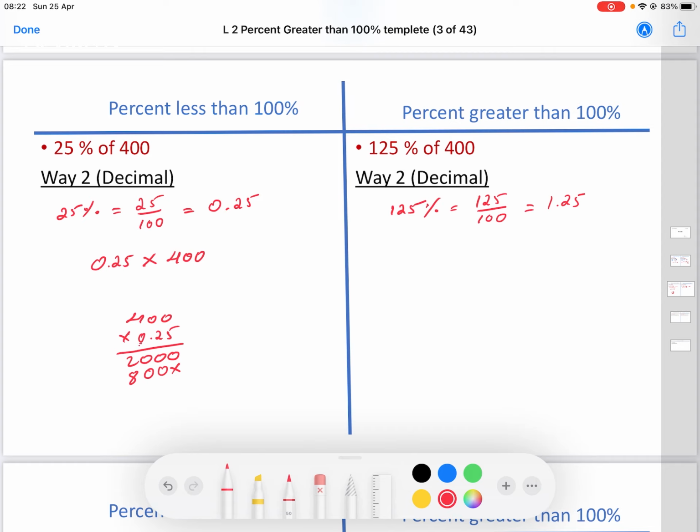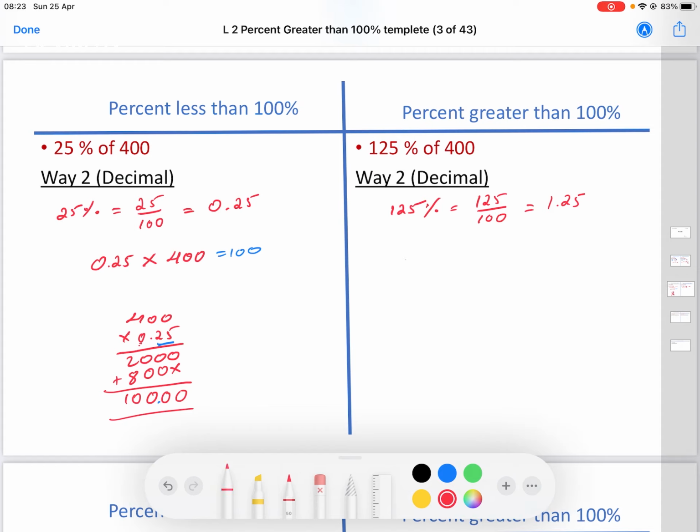Then since the third place is 0, we don't need to multiply it. Adding, 0, 0, 0, 8 plus 2 is 10. And since we have 2 digits in the decimal, our decimal will be placed here. Answer is 100.